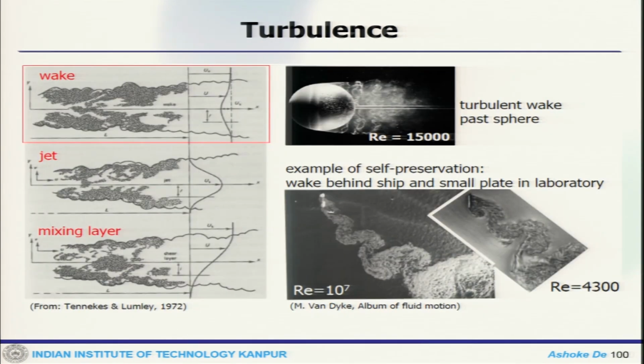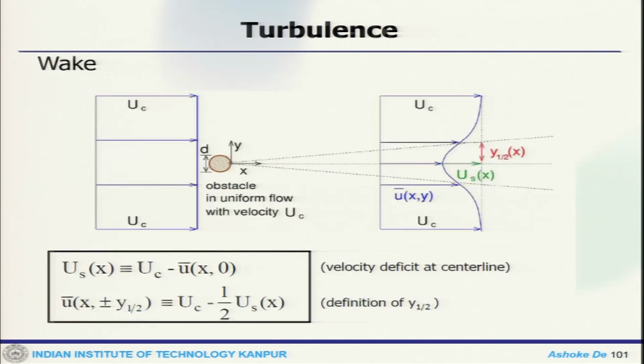These are some pictures of a mixing layer, jet, wake, and this is the turbulent wake behind a sphere. This shows the self preservation, this is a high Reynolds number, this is a low Reynolds number. These are all examples of self preservation of the system.